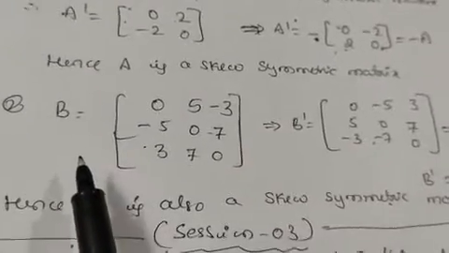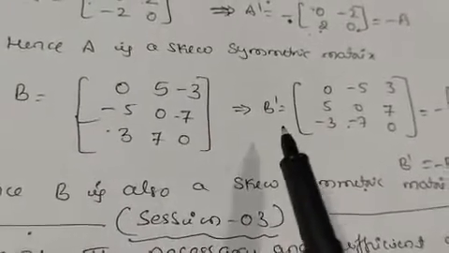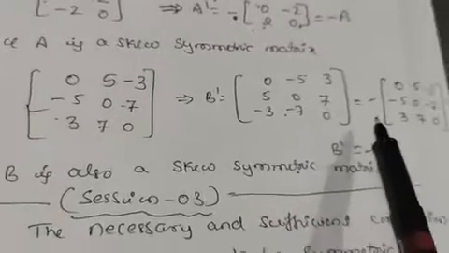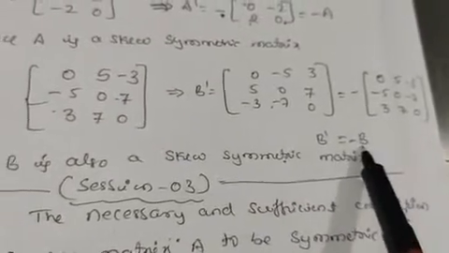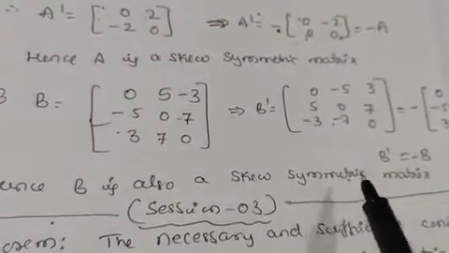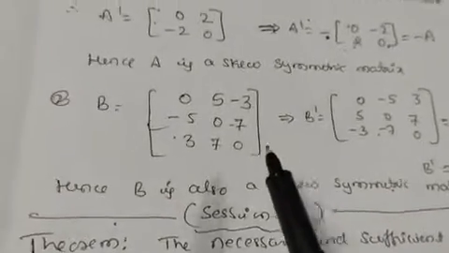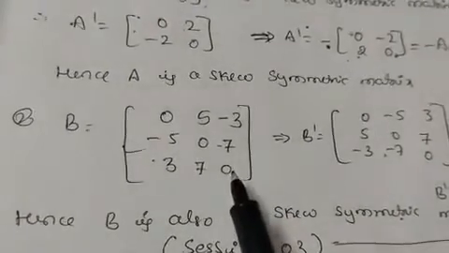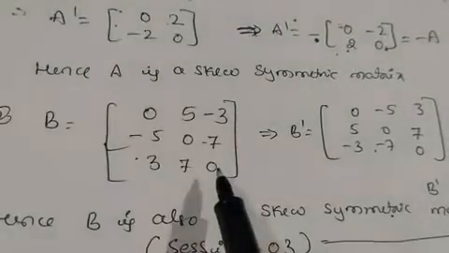Similarly, we can take one more example, B, and its B dash is like this. Take the minus sign common and you will get minus B. So this is also a skew symmetric matrix. We have one trick to find whether a matrix is skew symmetric or not.